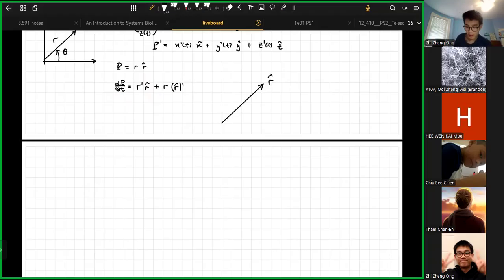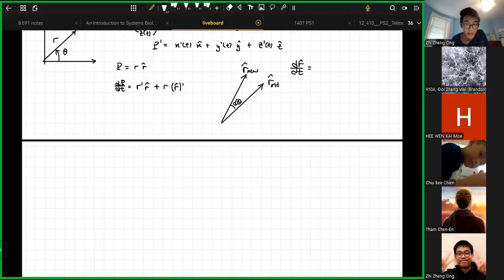So since we want to find d r hat dt, after you let a little time pass, this is essentially going to be rotated by this little d theta, and this will be the new r hat.